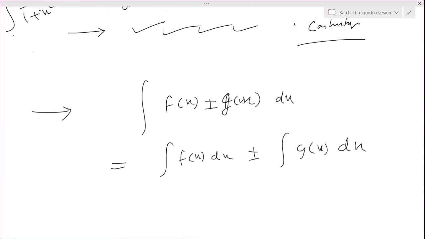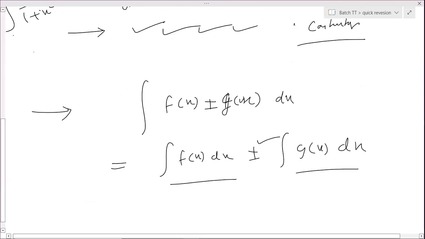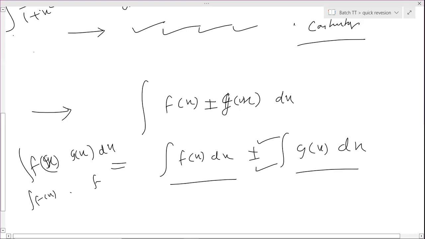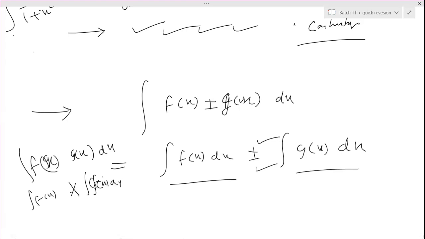You can separate the integration if the functions are added or subtracted. If they are multiplied, do not do this. Do not write like this. This is wrong.